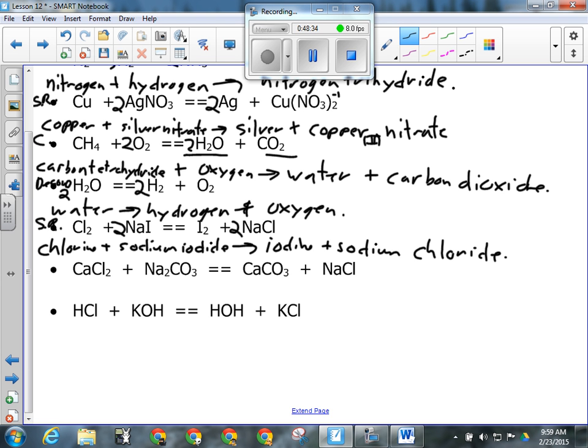How many people have done the second last one? Okay, so let's have a look at that one too then. I've got ionic compound reacting with ionic compound, forming 2 new ionic compounds. So it's a double replacement reaction. All right, got to name it. This stuff here is calcium chloride.